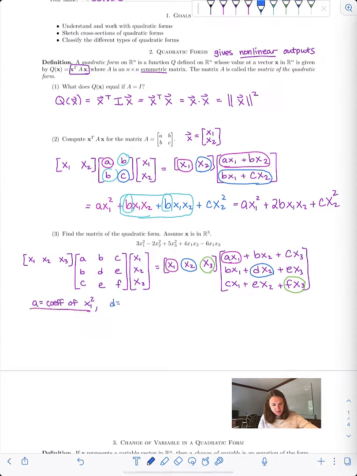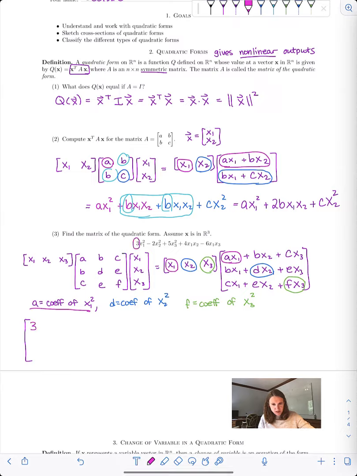D equals the coefficient of x2 squared, and F equals the coefficient of x3 squared. So this tells us now, so we look for x1 and we see a 3.